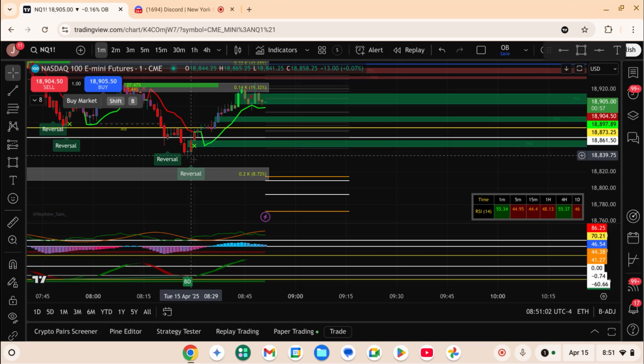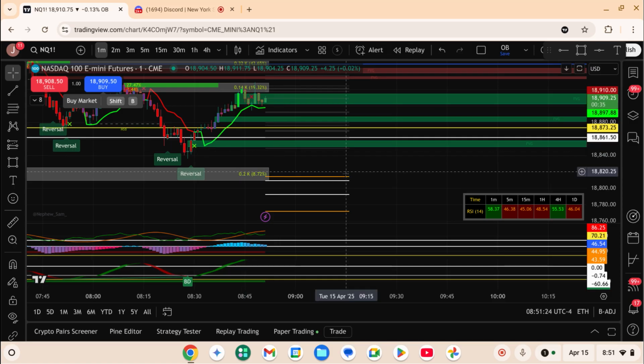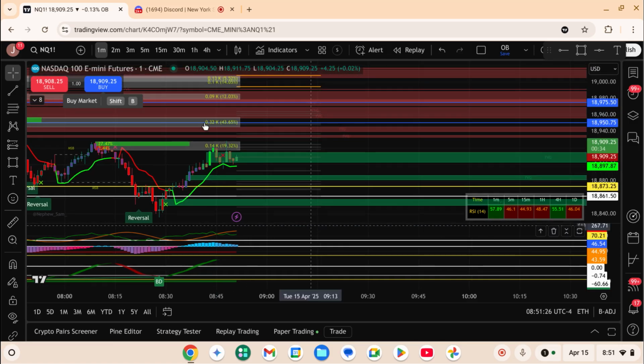If it comes back here specifically around here, this gap, and it starts to close bearish, that's when you would look to short, because this order block is no longer valid at that point, or at least valid for buys.